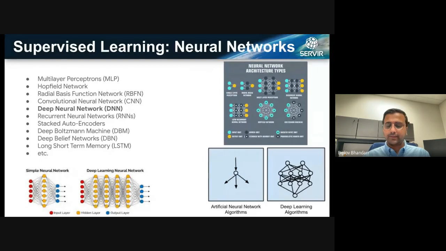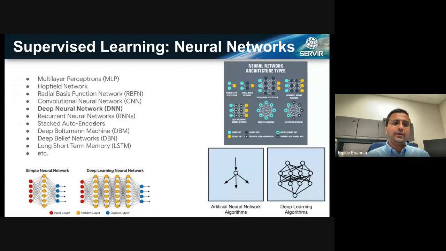And again, I said that these architectures come out like every week, and there are several others that I haven't listed here, but these are some of the famous ones that are often used in the literature and in several kinds of problems. Deep neural net, DNN, is the one that we'll be looking at today.